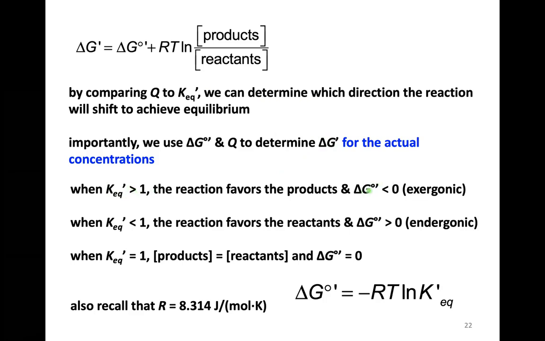The standard free energy is negative. When the equilibrium constant is less than 1, you know that that's going to be an endergonic reaction. And when the equilibrium constant is 1, the products and the reactant concentrations are equal and the standard free energy is 0.